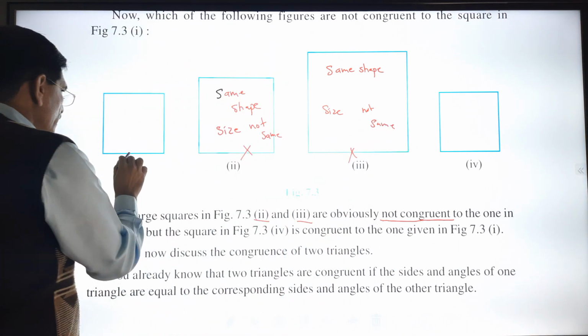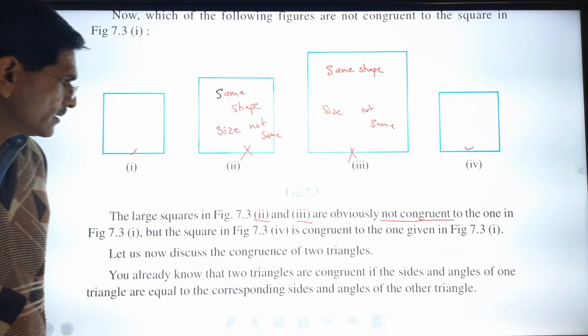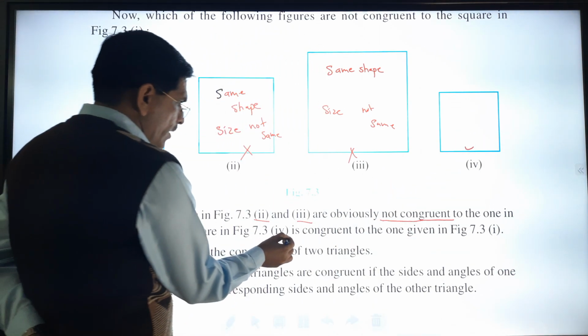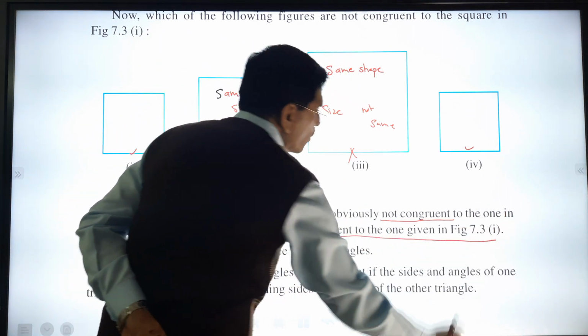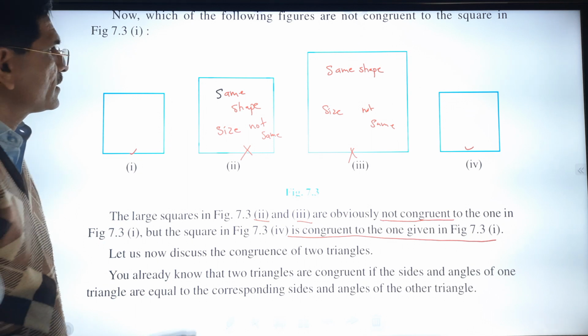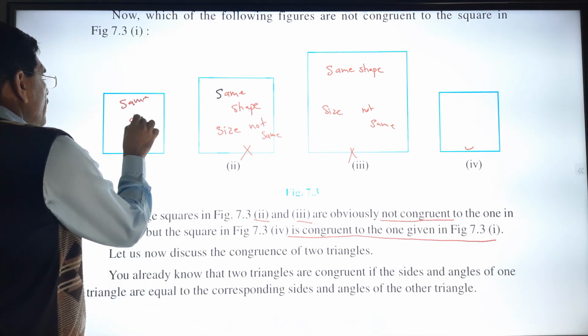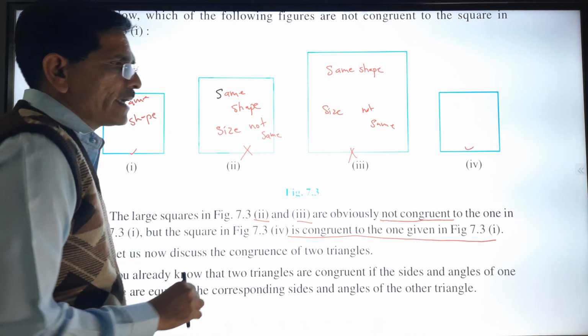Now first and third, or first and fourth, we can say yes. Why? Because they are congruent in all respects, that is, same shape and same size.